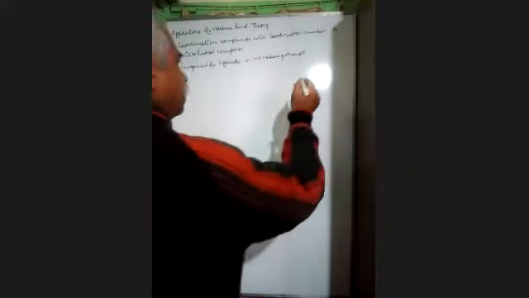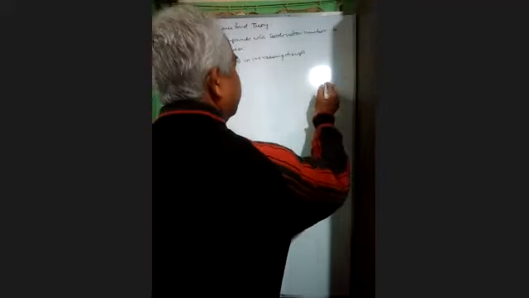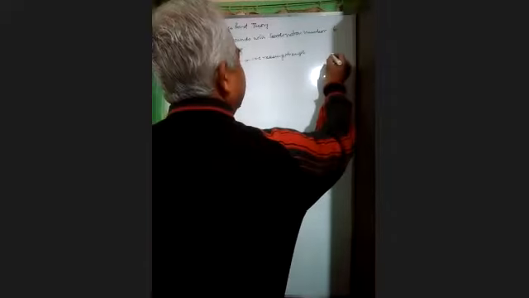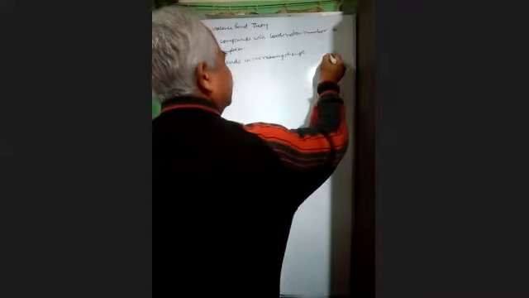If you say decreasing, we start from the left. So I will write from here. Here it is carbon monoxide. Can you see? Yes, sir.